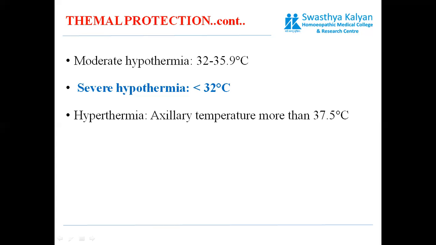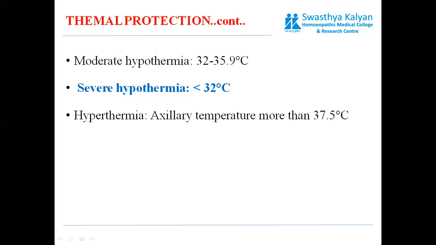It is very easy to remember that normal body temperature is 36.5 to 37.5, hypothermia is less than 36.5, and hyperthermia is more than 37.5 degrees centigrade.